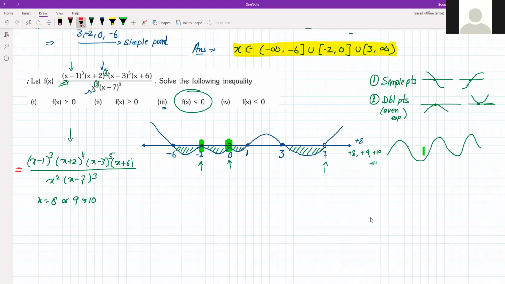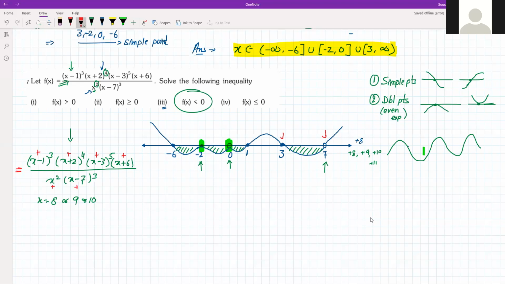It cannot be 0, because 0 can be only at these points which you see here. These are the only points where it will have 0 value. Otherwise it will have either positive or negative value, right? So how to find whether it is positive or negative? Suppose you are substituting 8 here. This will be positive, this will be positive, and so on.